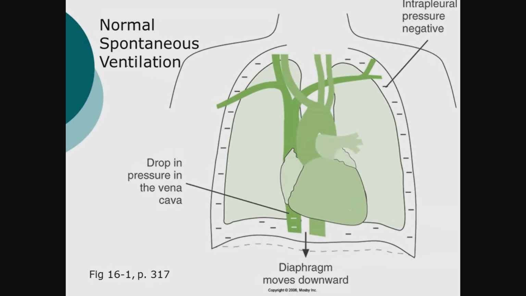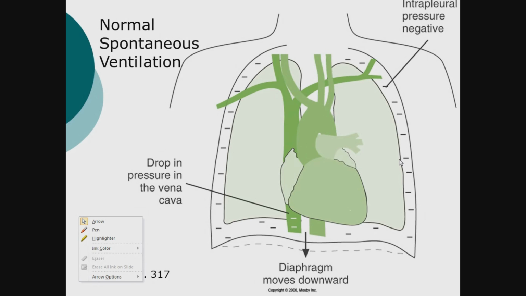All right, normal spontaneous ventilation, just going back in time, we remember that we end up having a drop in intrapleural pressure as the diaphragm moves down and the chest wall expands.